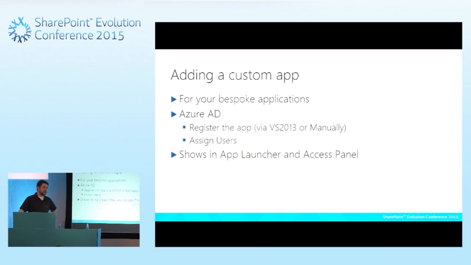Yes, there is. The question was if you've got an organization of hundreds to thousands of users, how you assign those applications to those users. With standard, the Office 365 associated Azure AD tenant, or the basic one, you have to do it on a per user basis at the moment. So you'd have to buy Azure Premium to get the group management, which is obviously a cost license increase.